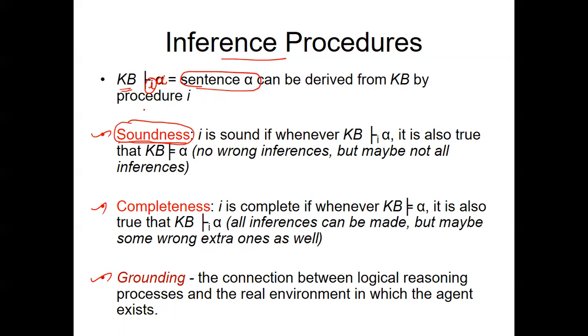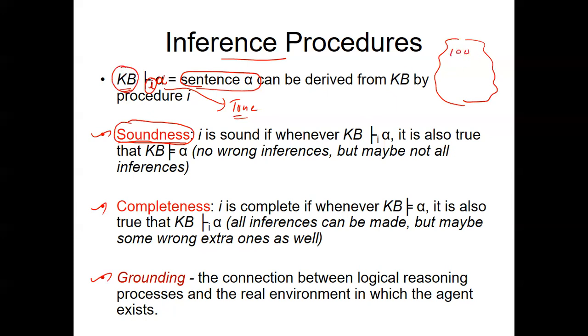What is the catch here? Whatever it derives is correct, or true, but that doesn't mean that it derives all the sentences. Say the total number of sentences that can be derived from KB is 100.